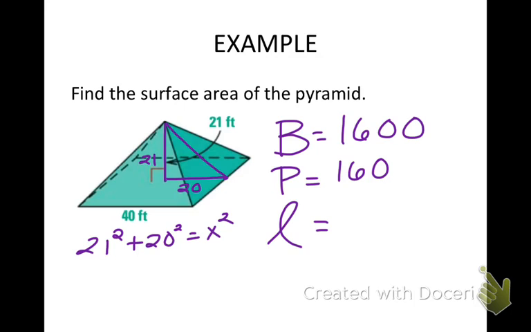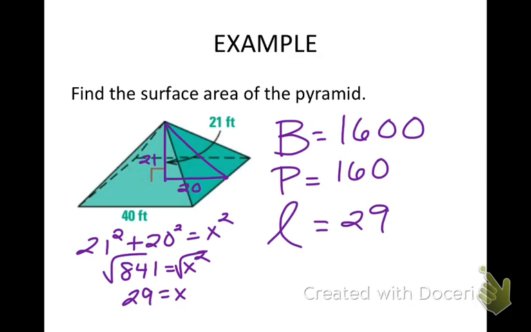I cheat and use my calculator. 21 squared plus 20 squared is 841. Square rooting that gets me 29 for my slant height. So my slant height is 29. So once we have all three of those things, just plug it in.